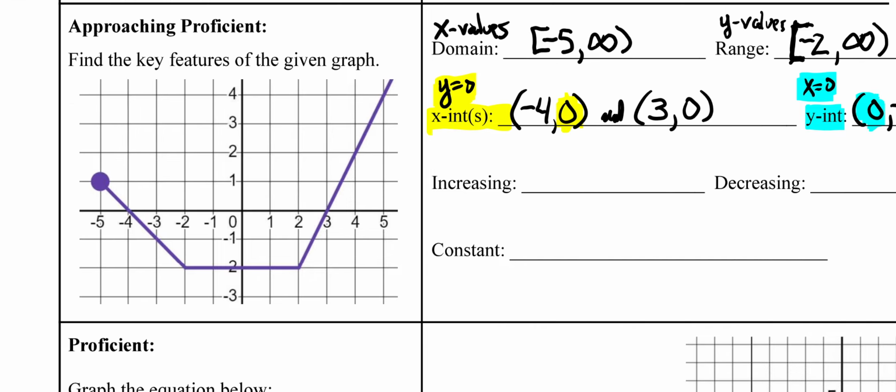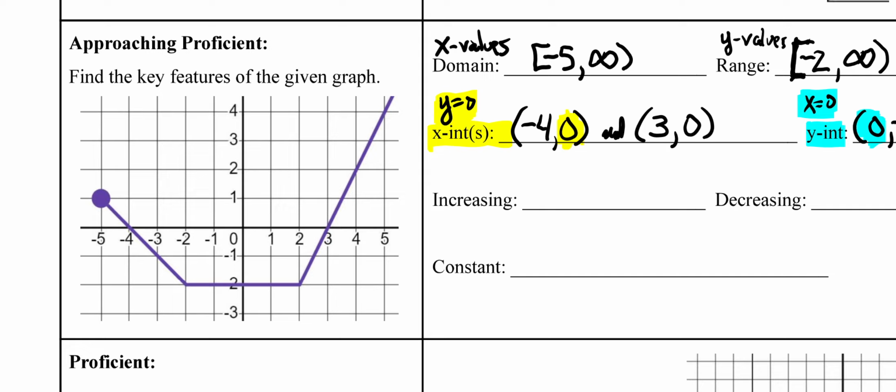Let's see. Increasing. As you move from left to right, where does this go up? Between 2 and, let's see, as far as we can see. So this continues off to the right. Remember that your intervals are x intervals.